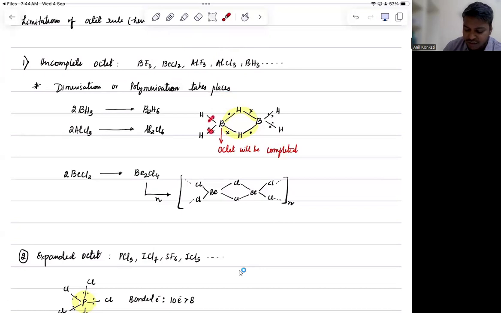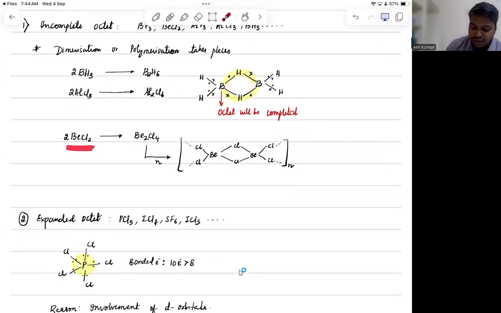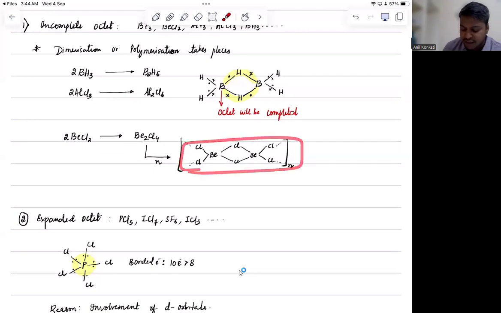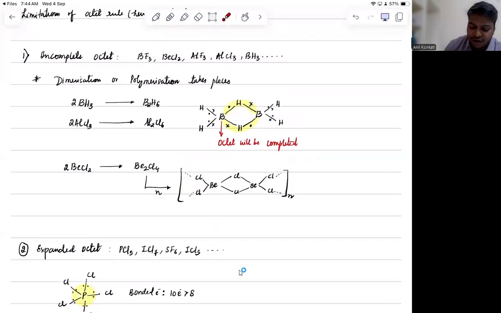So two electrons here, two electrons here, and these will make a banana bond and make a cloud of two electrons. So in a way, boron is getting the support of 8 electrons. That's how the octet is getting completed. Same way, beryllium chloride, if it goes n times, here also you will notice that the octet is completed by making bridged bonds. So usually octet incomplete molecules are not very stable. They'll try to undergo dimerization or polymerization.